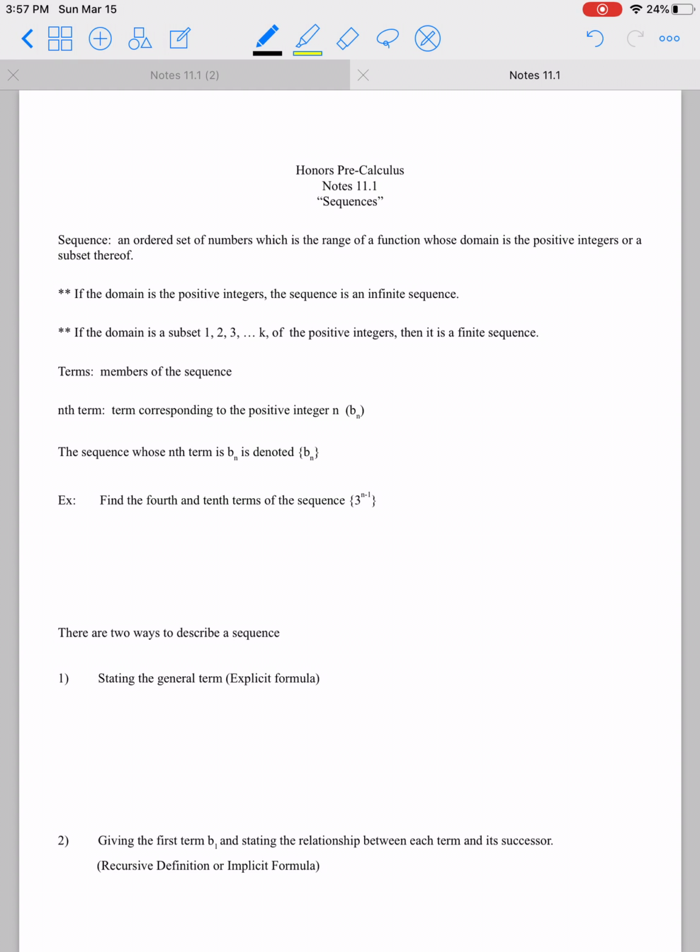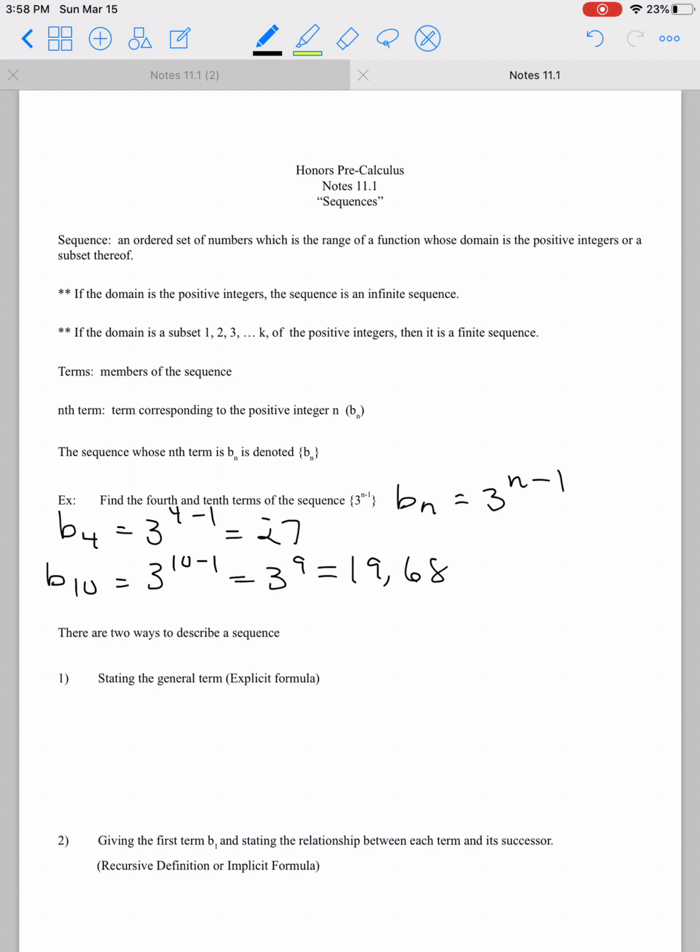So finding the fourth and 10th term of the sequence means we could rewrite our formula as b sub n equals 3 to the n minus 1, and then plug in. b sub 4 would be the fourth term, so 3 to the 4 minus 1, which would be 3 to the third, or 27, and b sub 10 would be 3 to the 10 minus 1, or 3 to the 9th, and that would be 19,683. Of course, you would plug that in your calculator to find that value.